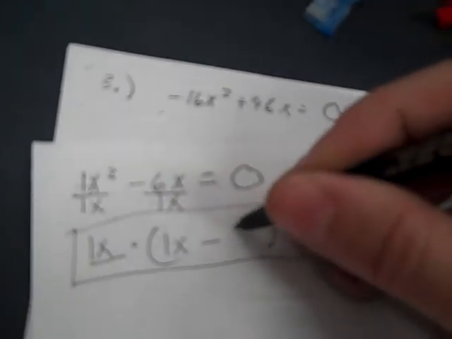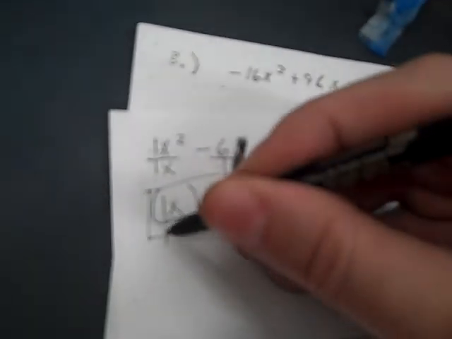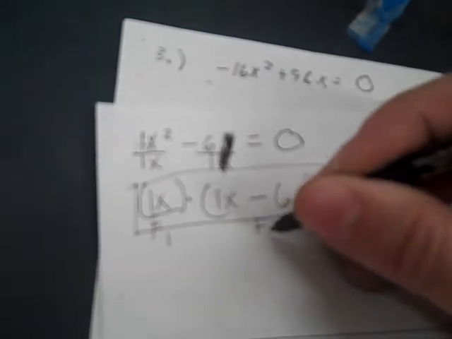So I take 1 divided by 1, which is 1. x squared divided by x is x. Then I take negative 6 divided by 1. That's negative 6, so I put minus 6. And cancel the x's there because they're identical. So 1x times 1x minus 6 equals 0. So 1x is F1, 1x minus 6 is F2.